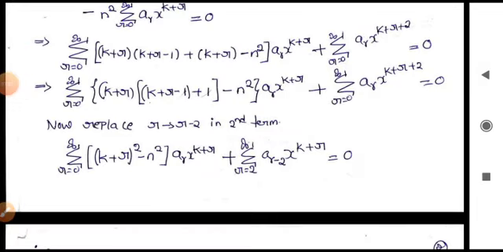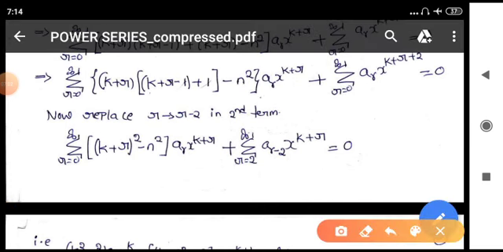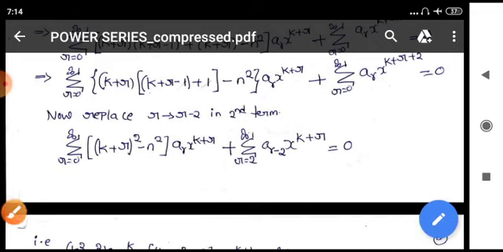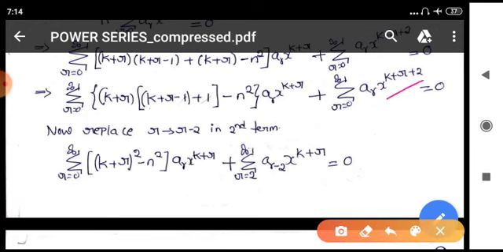Here you can observe ar x power k plus r in the first term summation. In the second term we have x to the power k plus r plus 2. So what I do is I will replace r by r minus 2 in the second term, to make x power k plus r common.